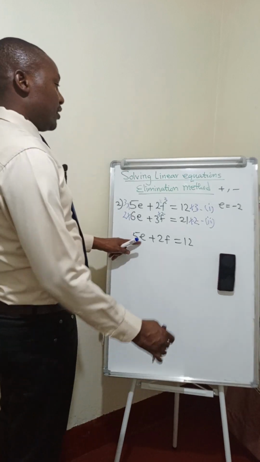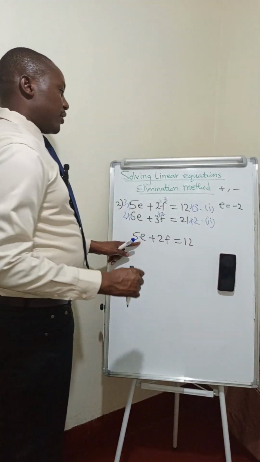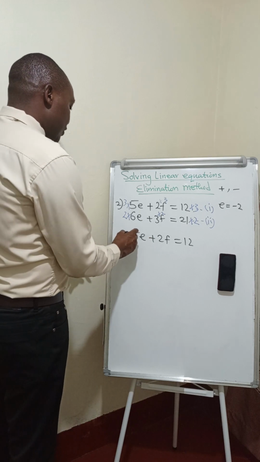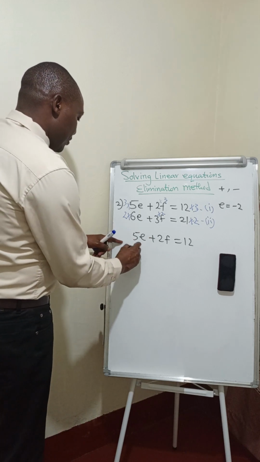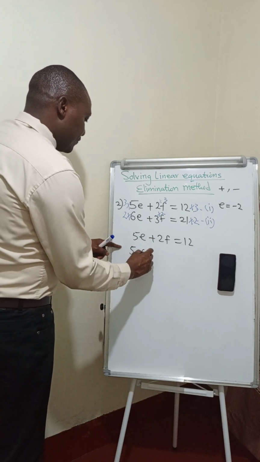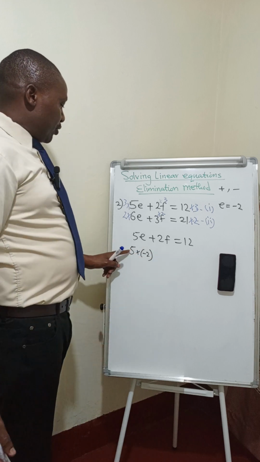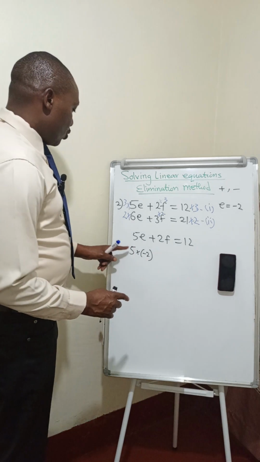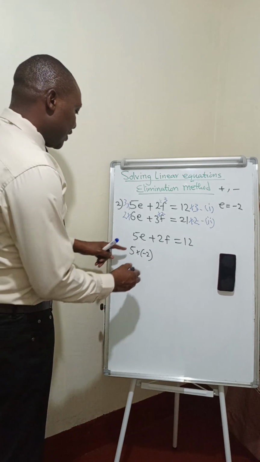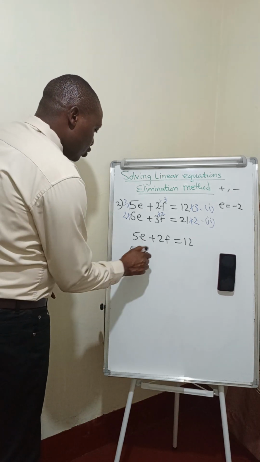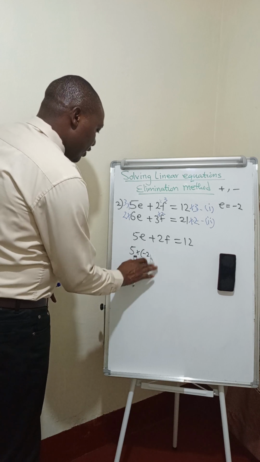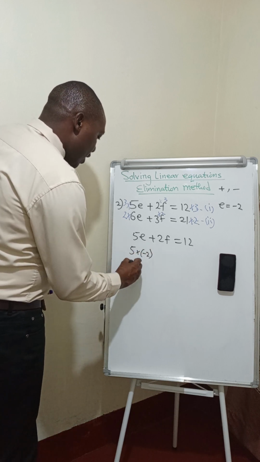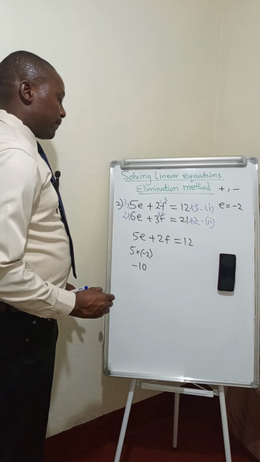What is the value of e? -2. If you multiply this +5 times -2, positive times negative, your answer will always be negative. So we have 5 times -2, your answer will be -10.